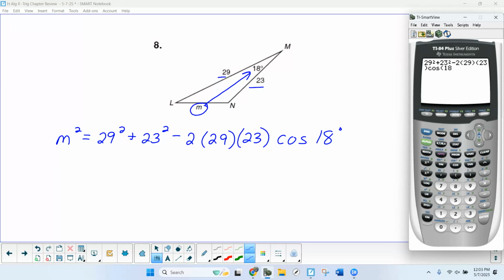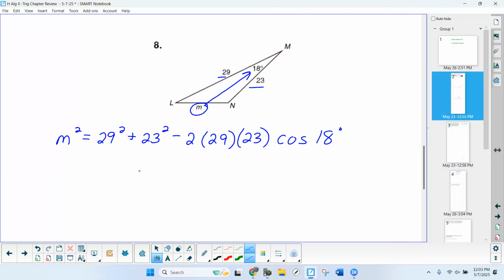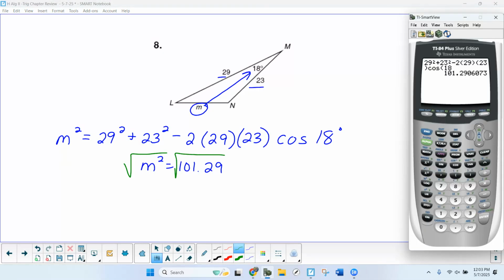Okay. And then what did you do to find 101.29? So M squared equals 101.29. What'd you do now to find M? Okay, guys, I cannot hear him because of all the conversations. Stop. So second square root, second answer, and what did you get for M?